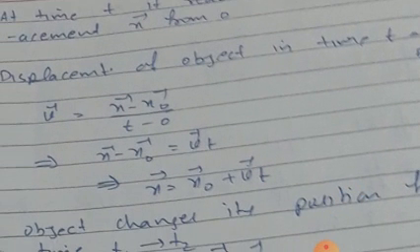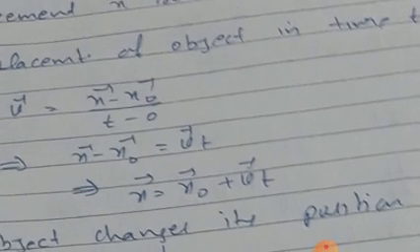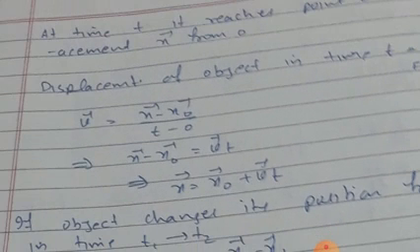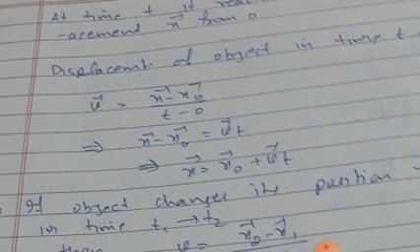So v is equal to x minus x naught over t minus 0. x minus x naught is equal to vt, or x is equal to x naught plus v into t. So this represents the equation for uniform motion. It means we can find out the position of the object at any time using this formula. Clear? By putting various values of t, we can get various values of x.